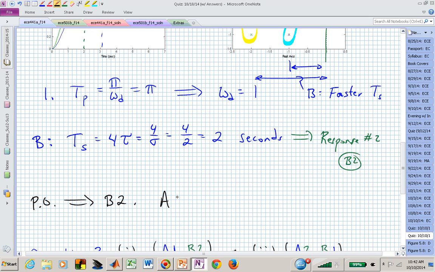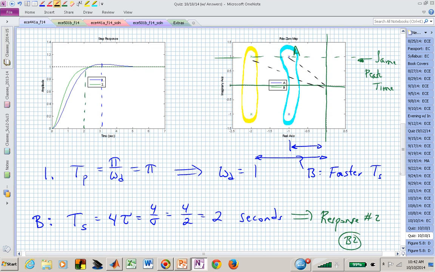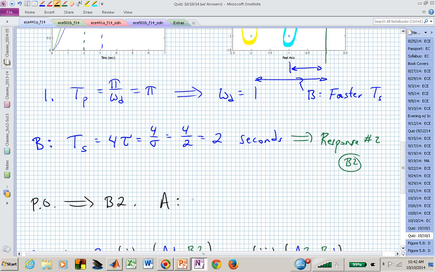If we look at pole pattern A, it now has poles at -1 plus and minus j1. The angle theta for that is now 45 degrees.